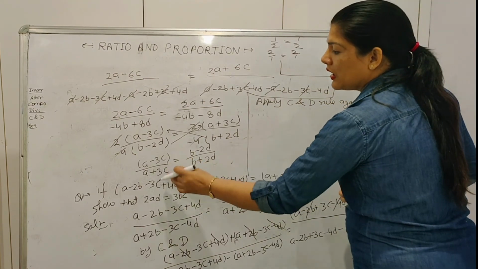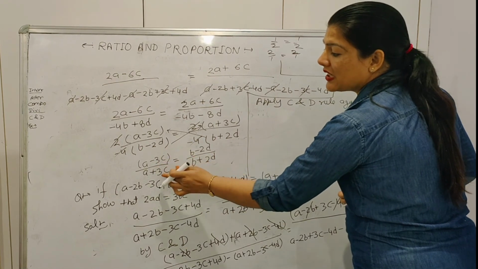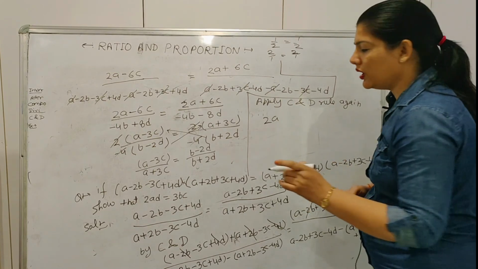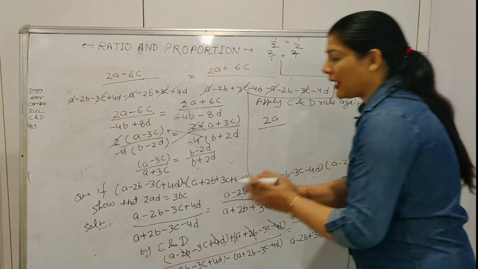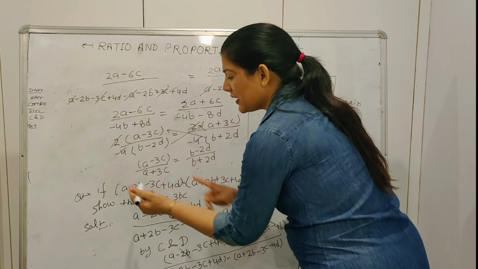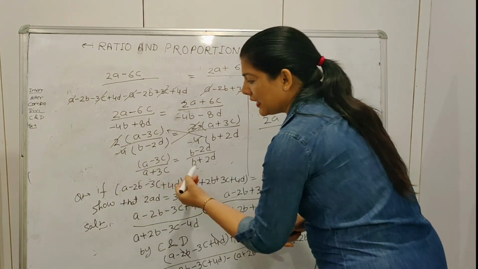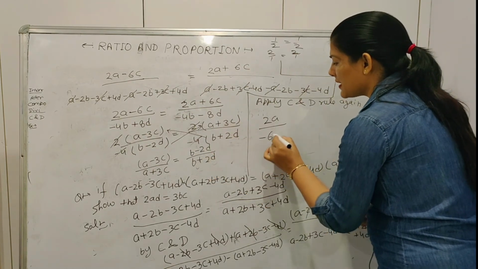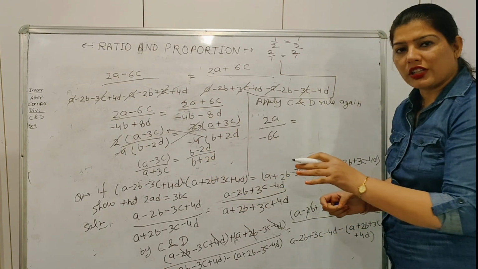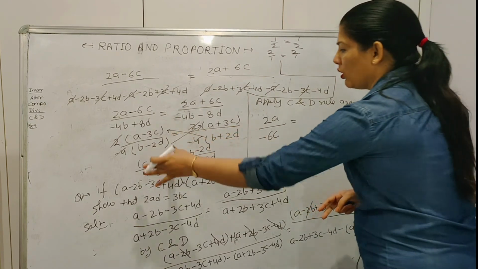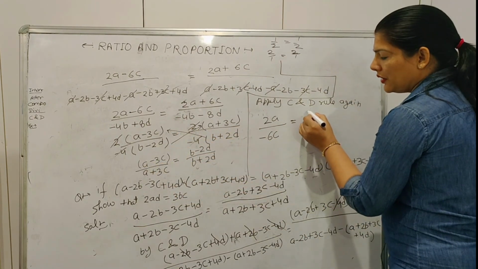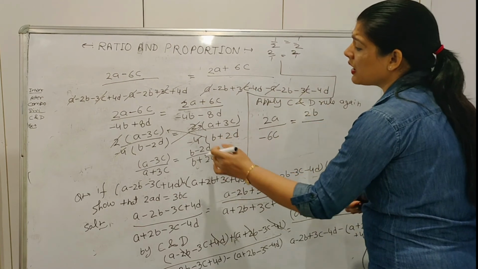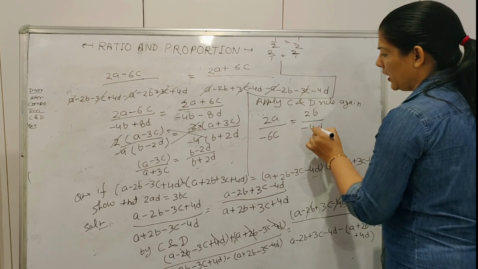So if you add these two, minus 3c will be cancelled by plus 3c, so in the numerator I have 2a only, and if you subtract this from this, then it will become minus and minus, so a will cancel by minus a and will give you minus 6c. If it is not clear, then write the whole term. Okay, and in the numerator here I have 2b divided by this minus this gives you minus 4d.